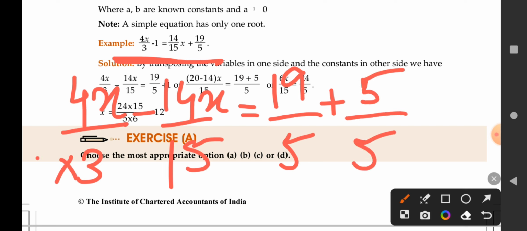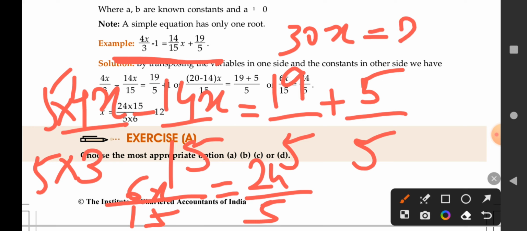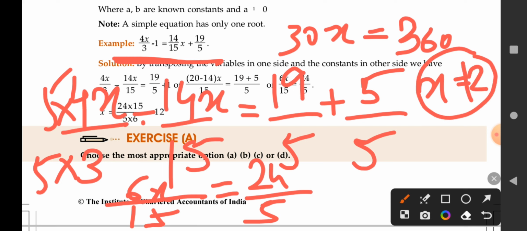Multiplying by 5, the same on both sides, you get 20x minus 14x, which is 6x divided by 15, equals 19 plus 5, which is 24, divided by 5. So you get 5 into 6x, that is 30x, equals 24 into 15, which is 360. So x equals 360 divided by 30, that is 12. Okay? Correct.